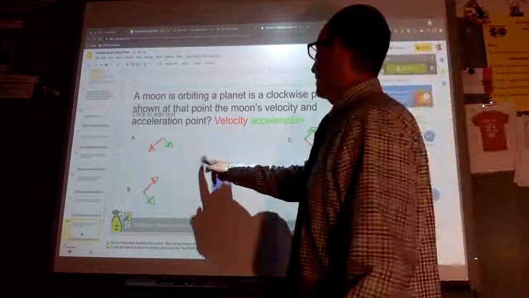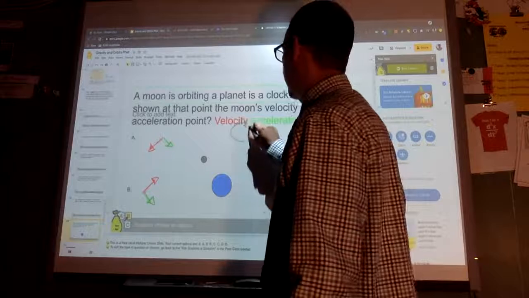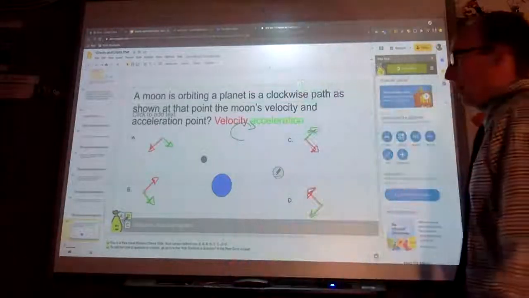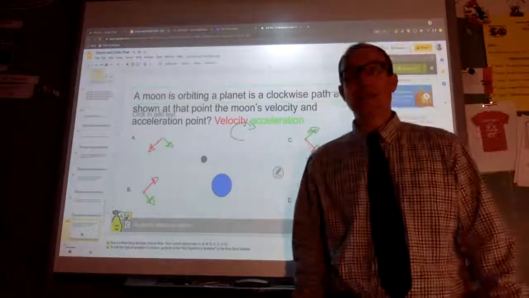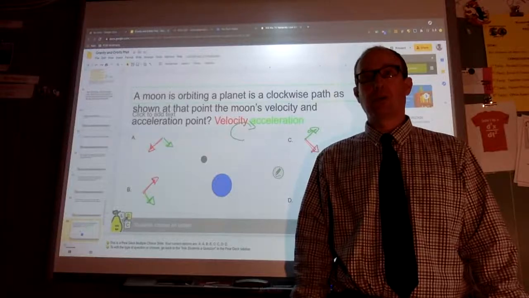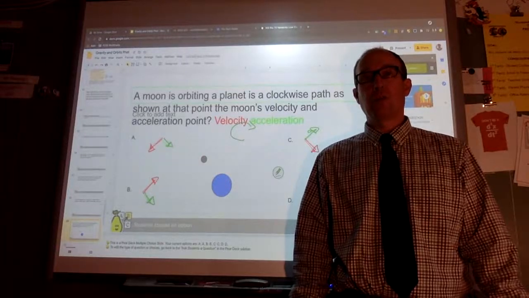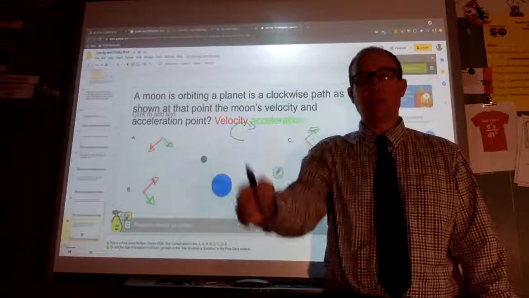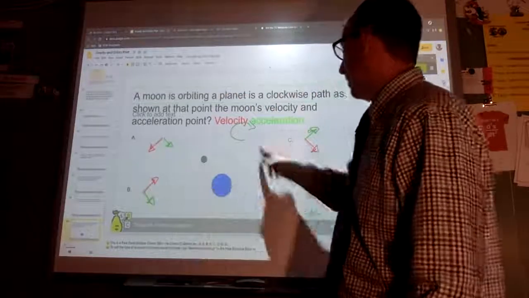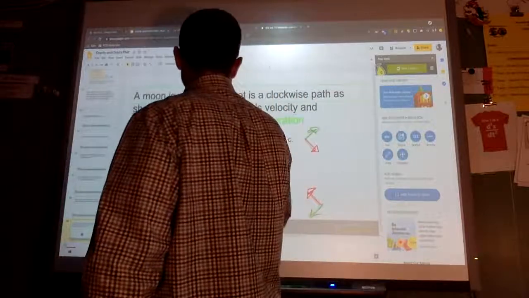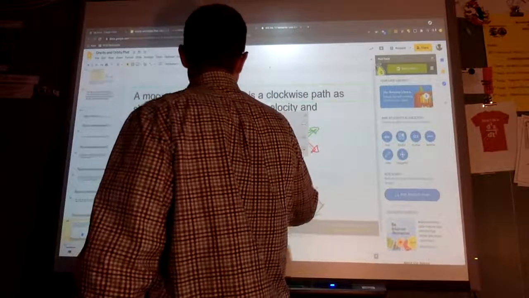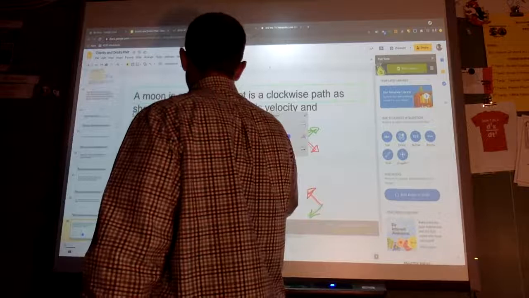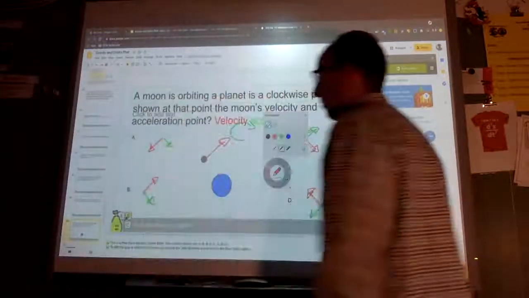At this point, if it's going clockwise, so clockwise is this way, you would expect the velocity to be tangential. So the object is trying to go in a straight line. Its velocity is pointing in a straight line, so as it goes around, you would expect its velocity to be trying to go that way.